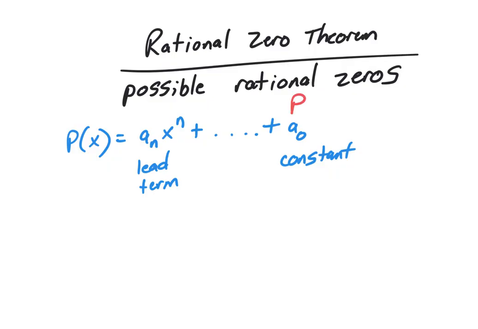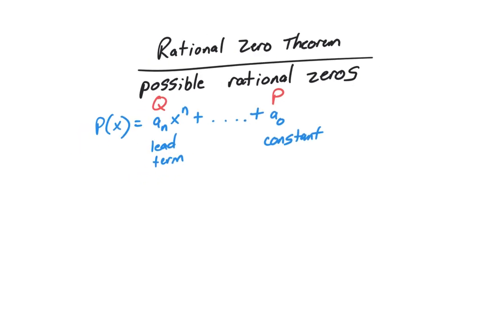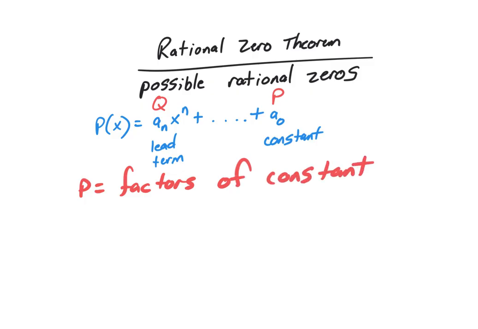We're going to call this our p-value, and we're going to call this leading coefficient our q-value. So p is going to represent any factors of the constant, anything that goes into that constant.